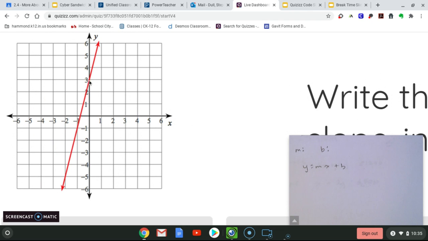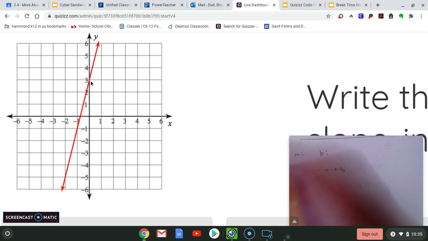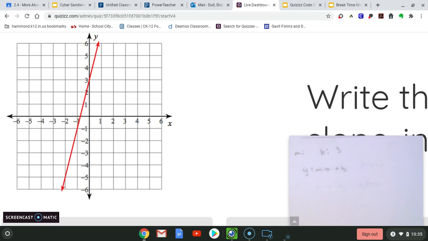So as we zoom in a little bit, we can see that the red line crosses the y-axis at y equals positive 3. So I know that my y-intercept is 3. Now we need to identify 2 points where this line passes through, and we want to find places where it crosses exactly on the grid marks.